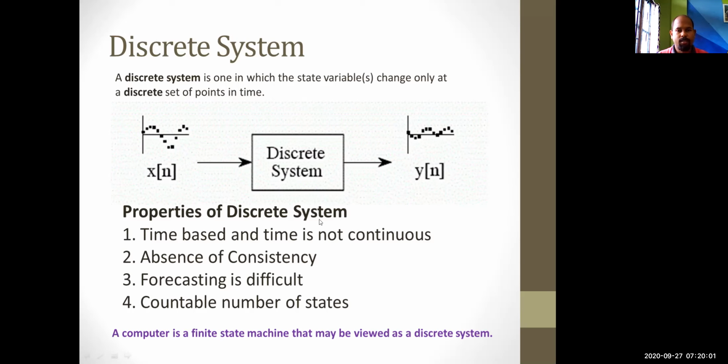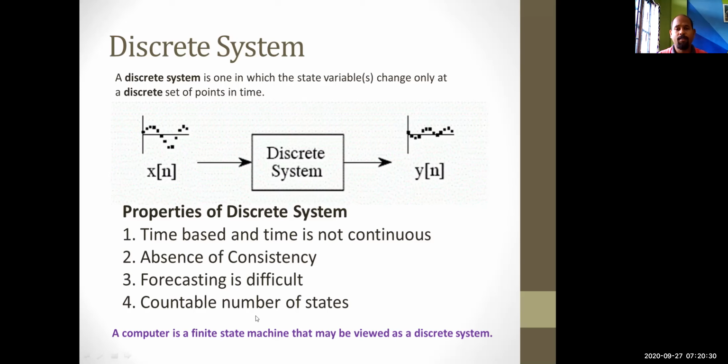Some properties of discrete system: time-based, it is a time-based system where time is not continuous. Number two, absence of consistency. It's not consistent. Forecasting is difficult. When a discrete system is there, forecasting is a bit difficult.